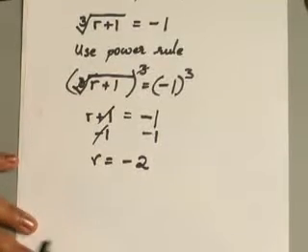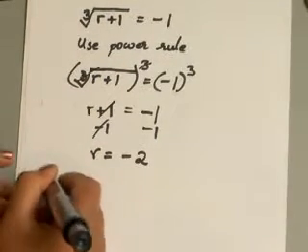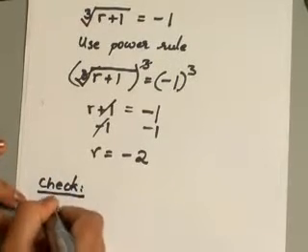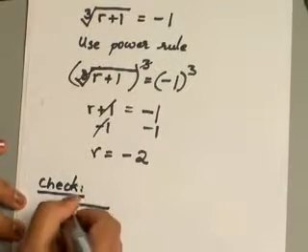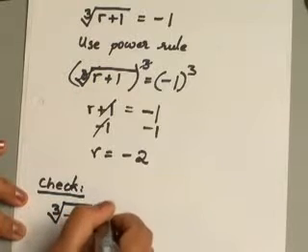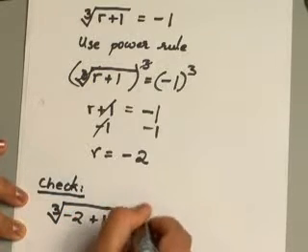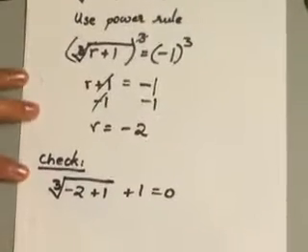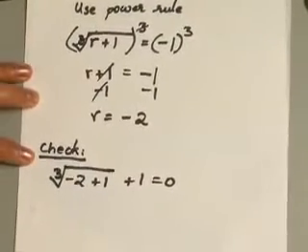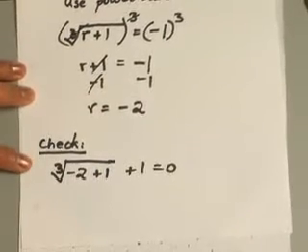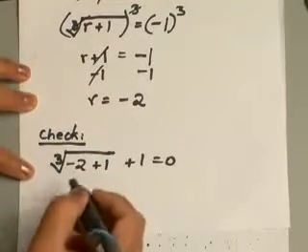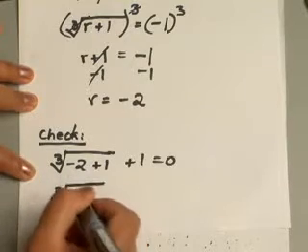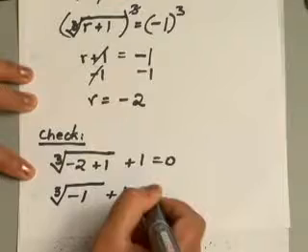Okay, now just like we did with all the other examples, you have to check your solution in the original equation. So r will be substituted with negative 2, plus 1, plus 1 on the outside equals 0. Now negative 2 plus 1 is negative 1.